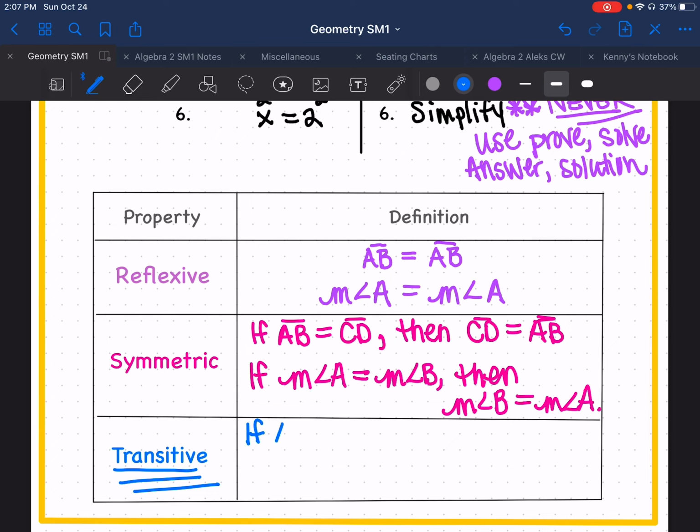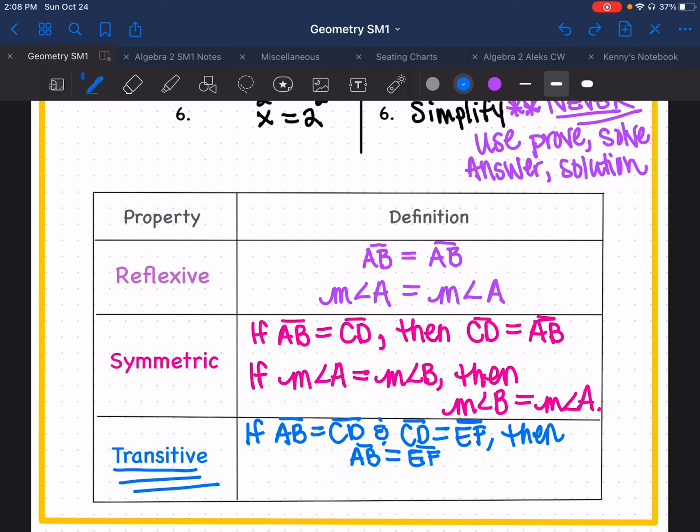All right, here we go. If side AB is equal to side CD and side CD is equal to side EF, then side AB has to be equal to side EF.